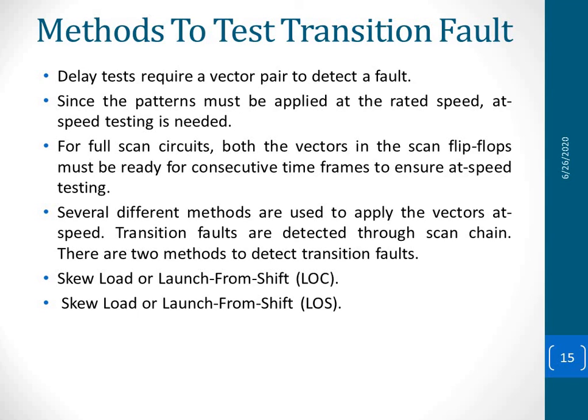Several different methods are used to apply the vectors at speed. Transition faults are detected through the scan chain. There are two methods to detect transition faults: skew load or launch from shift, and broadside or launch from capture.